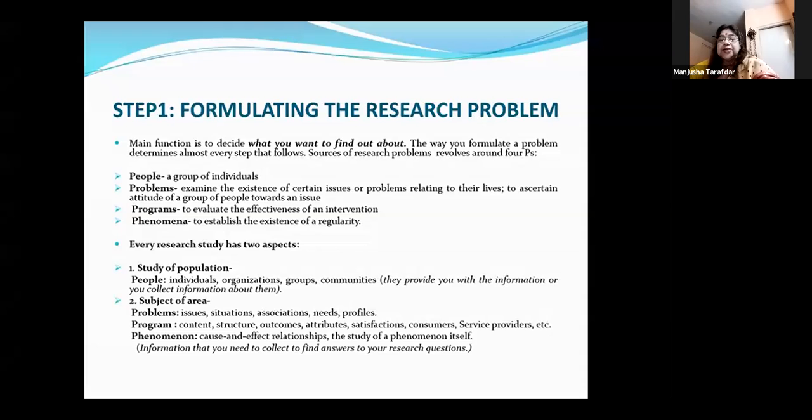Then structure, outcome, attributes, satisfaction, consumers, service providers, etc. Then the last one is phenomenon, cause and effect relationship, the study of a phenomenon itself. Information that you need to collect to find answers to your research questions are all these things.